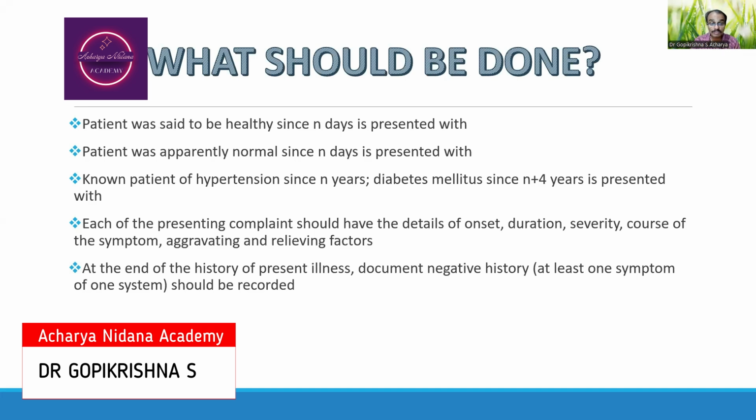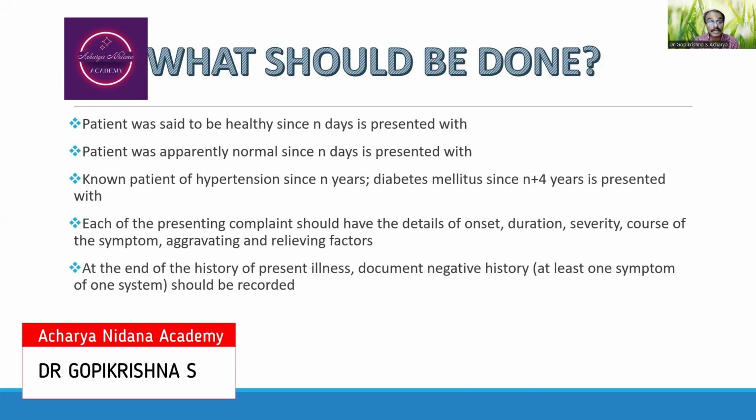So this may be the probable way of writing the case history. That is, patient was said to be apparently normal. Patient was said to be healthy since n days. He presented with pain in the epigastric region.